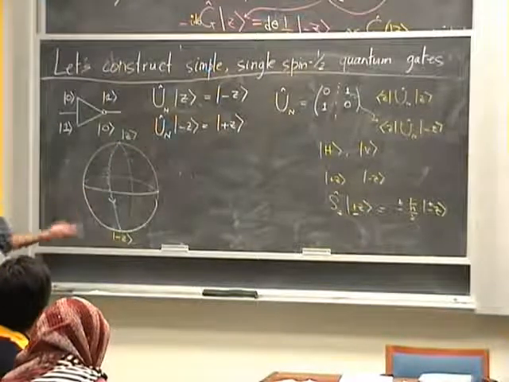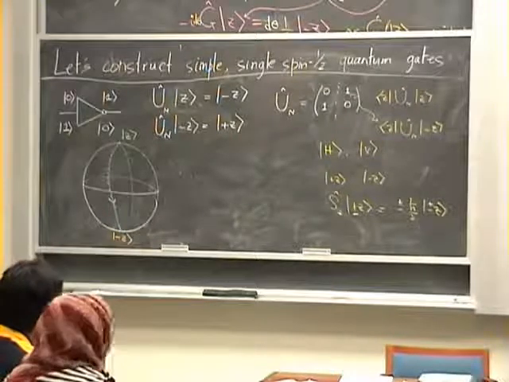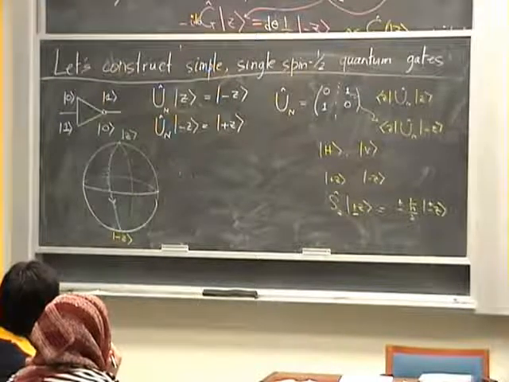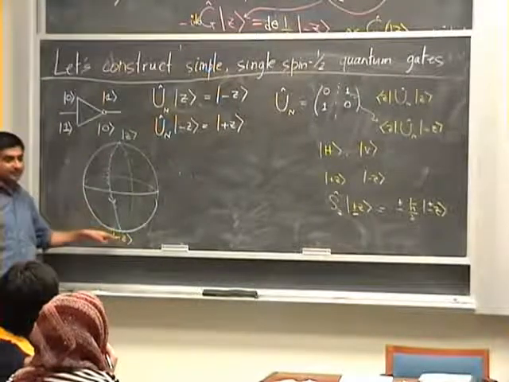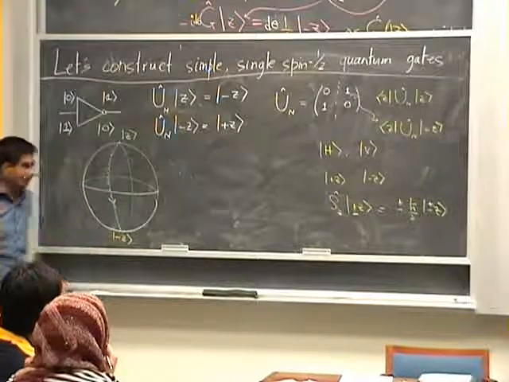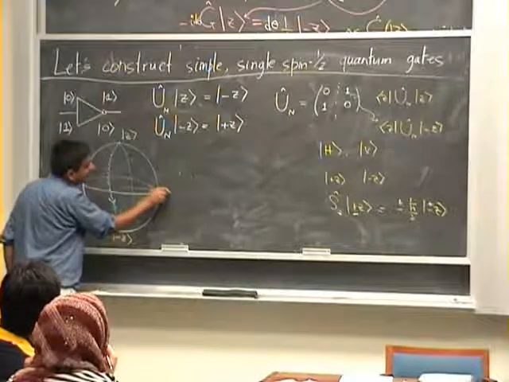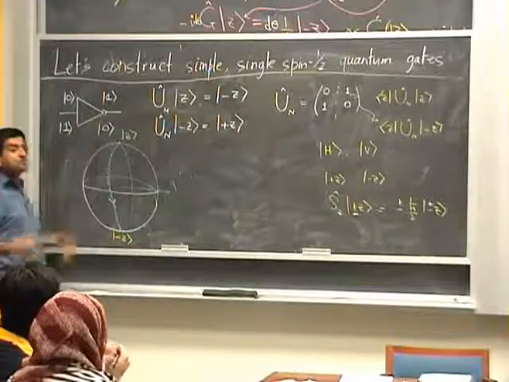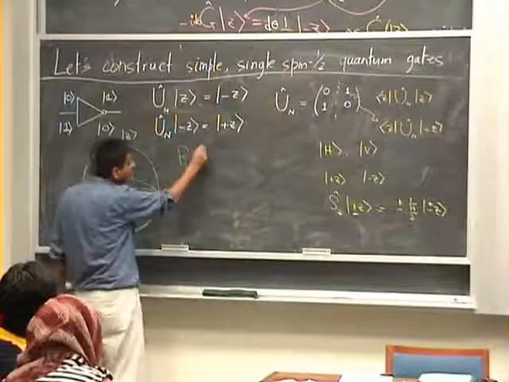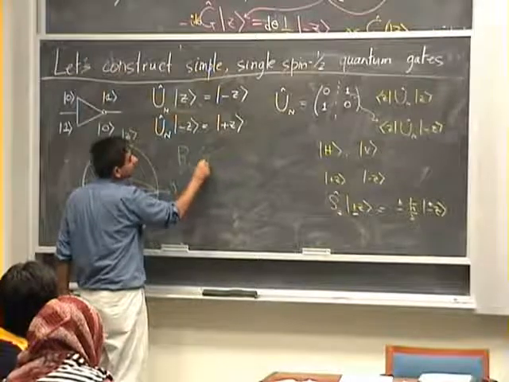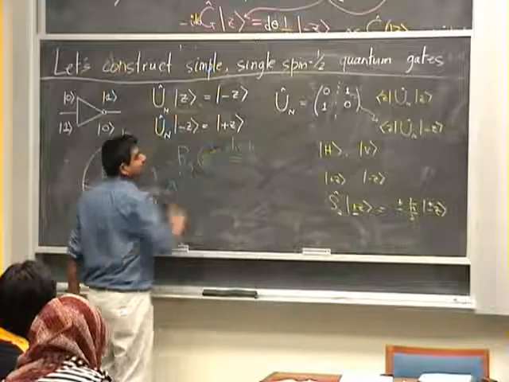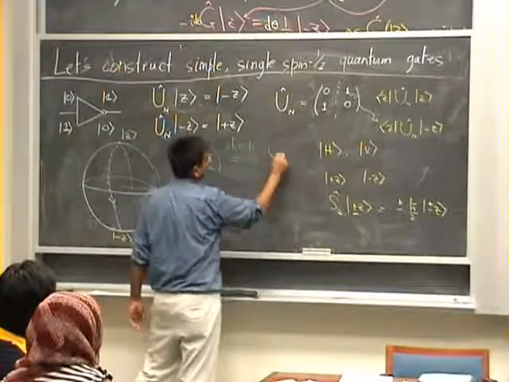Now can you think of a rotation operation that does this? It's a rotation about some axis through pi. Any axis can be chosen; let's choose the y axis, and let's propose that our rotation about y acts through an angle of pi. Let's check whether this qualifies as a NOT gate.